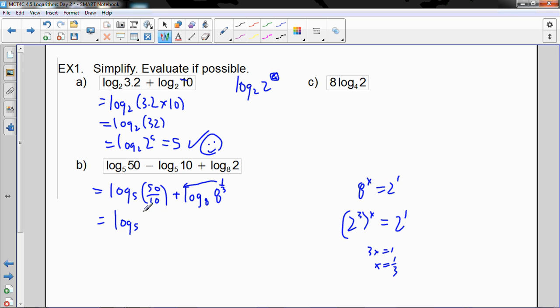Here, 50 divided by 10 is 5. I can see that's 1. But over here I've got 1/3 log base 8 of 8. That cancels each other out. Then I got 1 plus a third, 1 1/3, no calculators necessary.